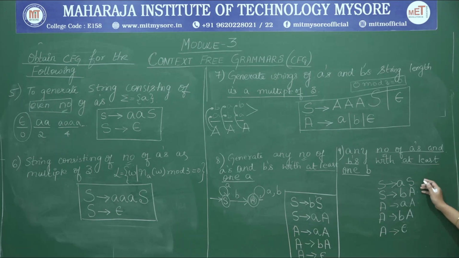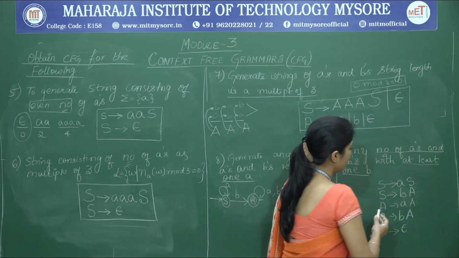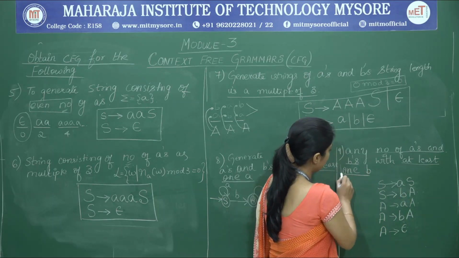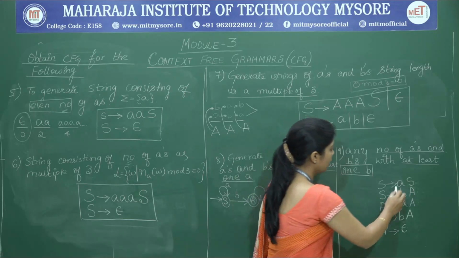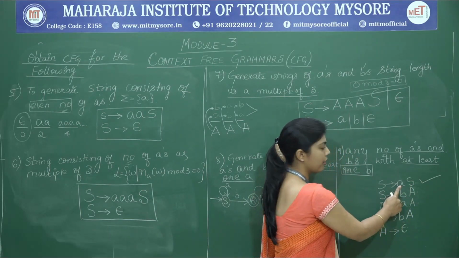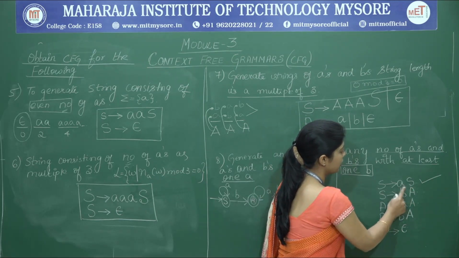So if we look at the grammar rules also here, look at the grammar rule. In case there has to be always one B, correct? So therefore, if we use the first production, A is getting generated, and from S B is getting generated.